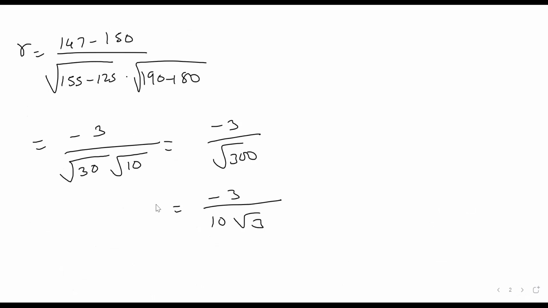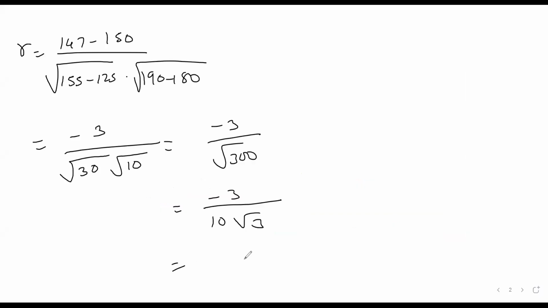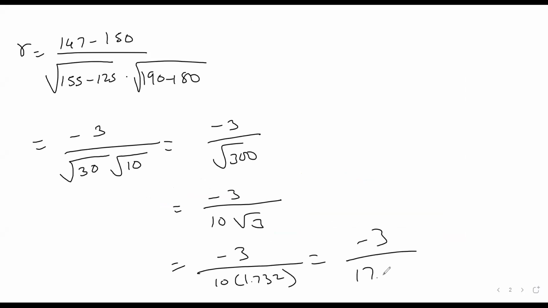Root 3, they have already given you the value, 1.732. And minus 3 upon 17.32 is minus 0.1732. This is the answer.